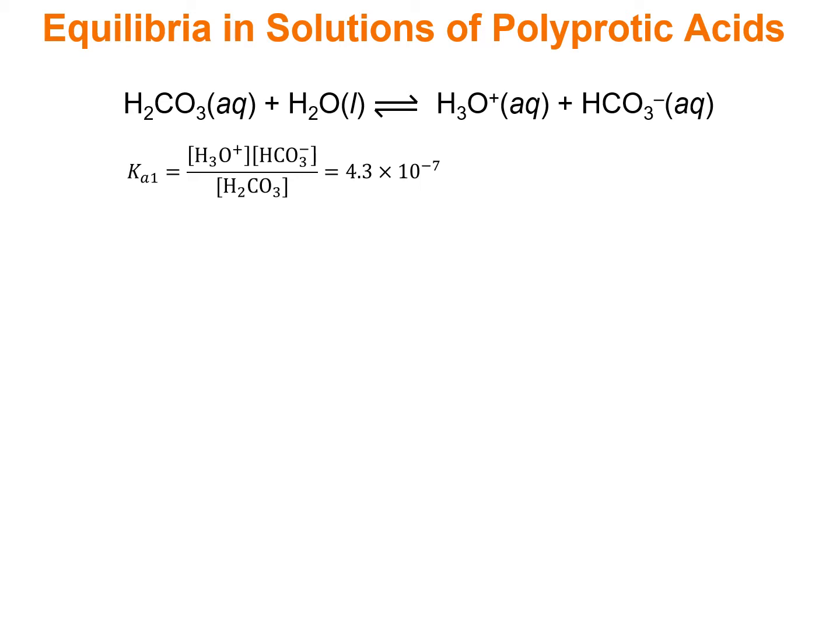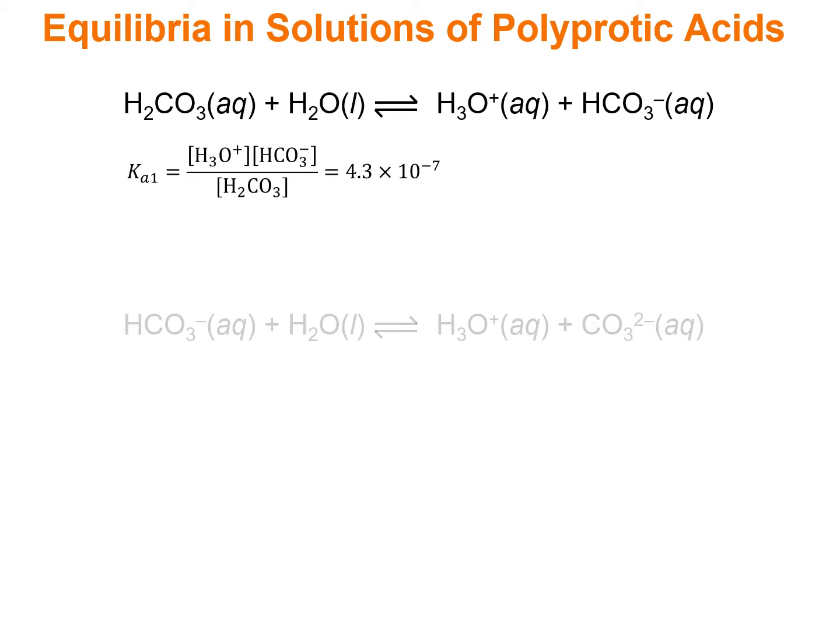We write the products over reactants as you're familiar with. If you look at any table in the back of a chemistry book, you're going to find that the acid dissociation constant is around 4.3 times 10 to the minus 7.